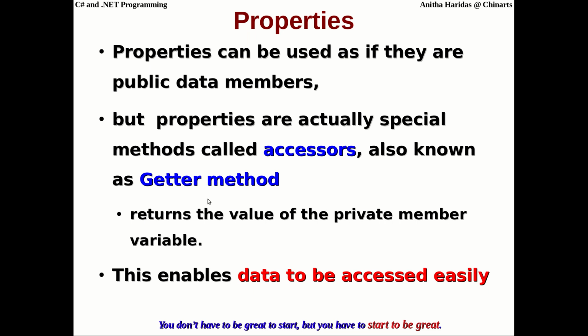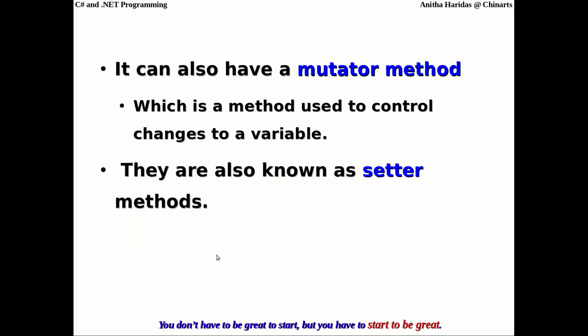How capital B was returning the value of small b. It can also have a mutator method, which is a method used to control changes to a variable. So if you want to set a new value, you can use a mutator method, which is otherwise called a setter method.